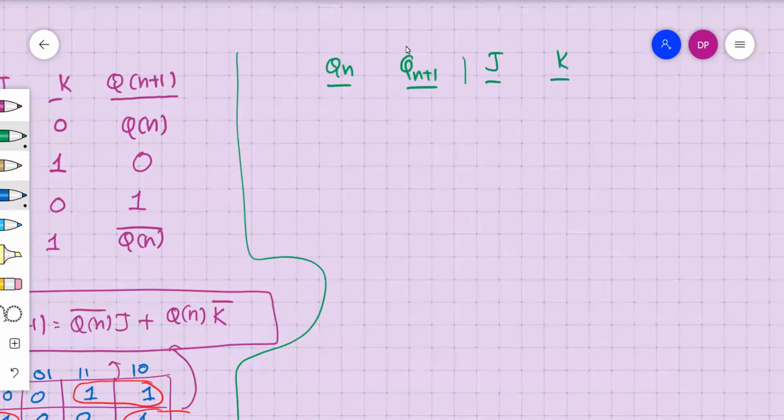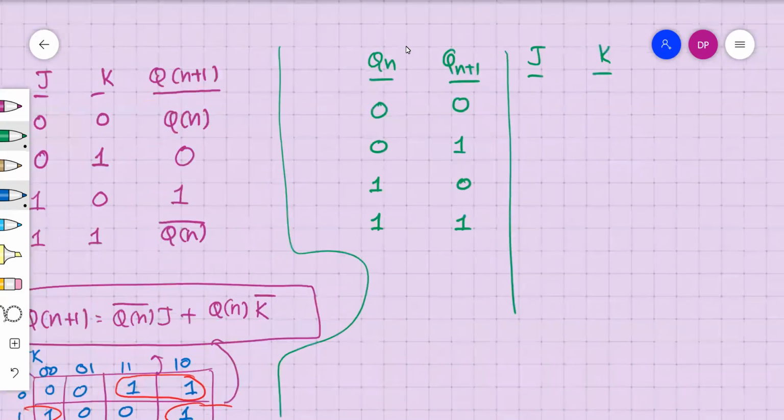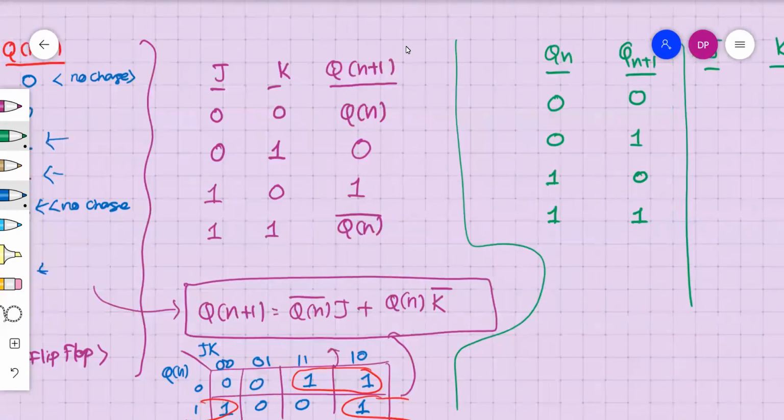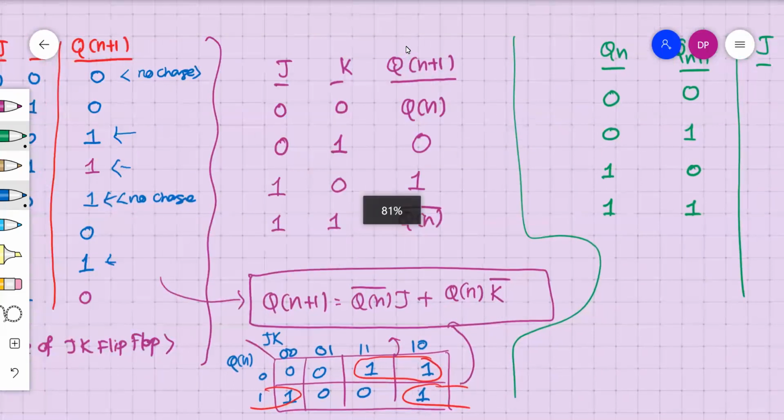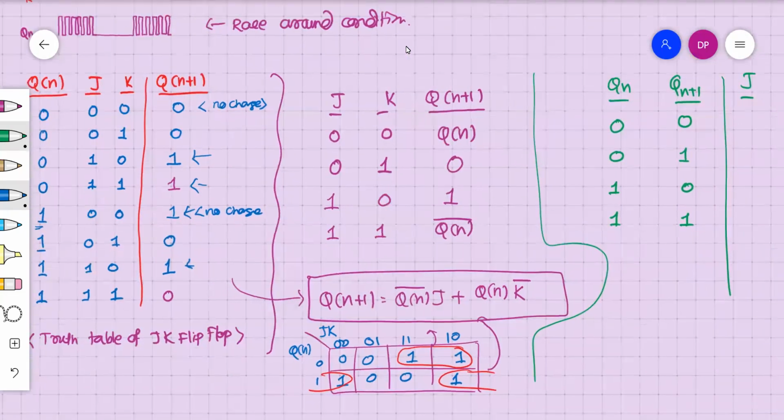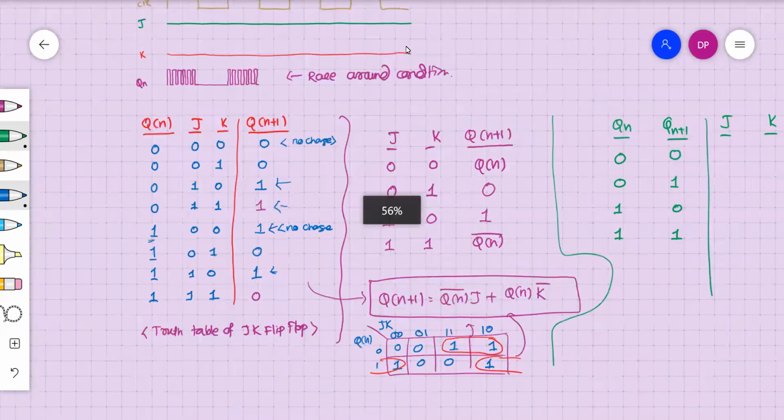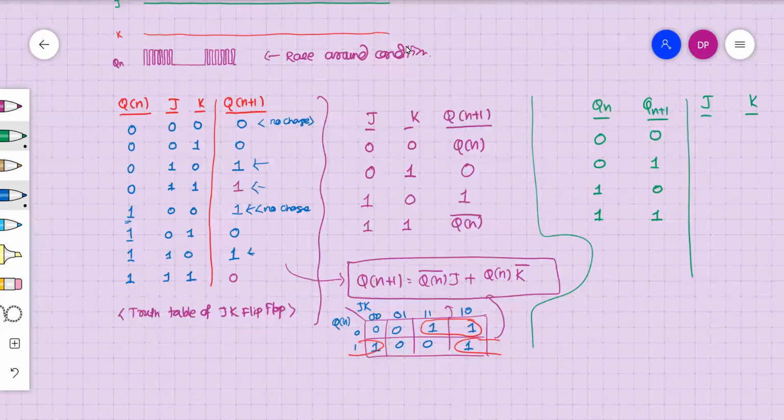So when Qn is 0, Qn plus 1 is 0, 0, 1, 1, 0, 1, 1. Okay. When Qn is 0, Qn plus 1 is 0. Look at the truth table. Yes. You can see now.